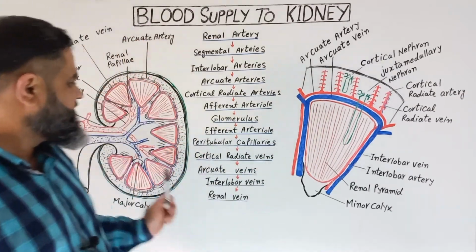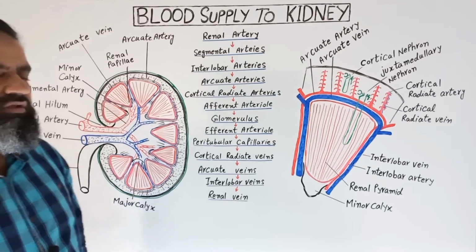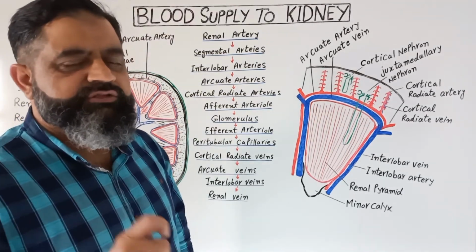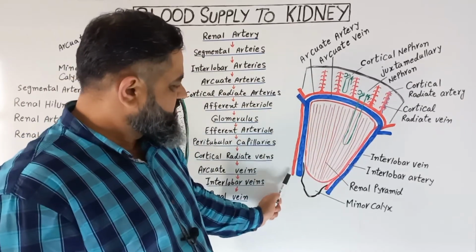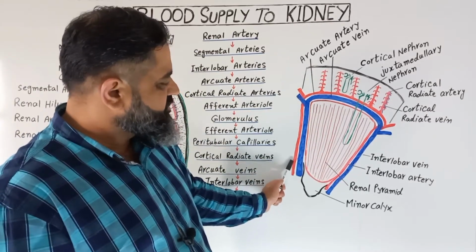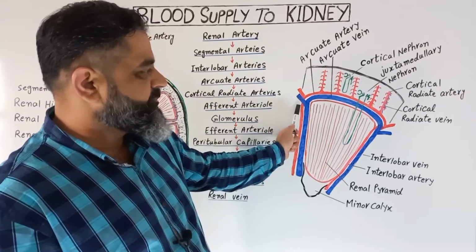When the renal artery enters the kidney and divides into segmental arteries, it then subdivides into the interlobular artery. This is the interlobular artery, which is going towards the cortical region of the kidney.